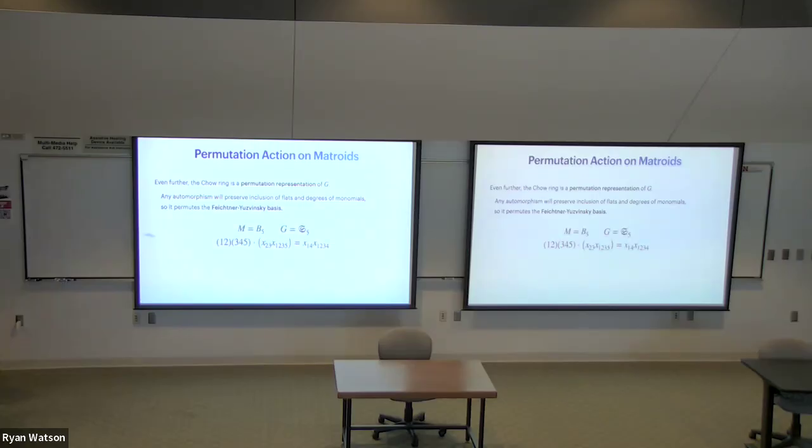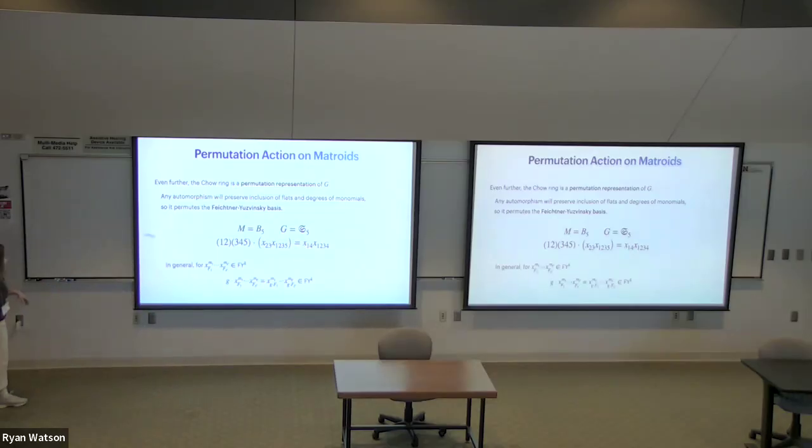Let's see that in our example. If I act on 1, 2, 3, 4, 5 onto an element of my basis that we saw in the previous example, I just get something of the same form, just relabeled. I sent a degree 2 element to a degree 2 element and a basis to a basis.